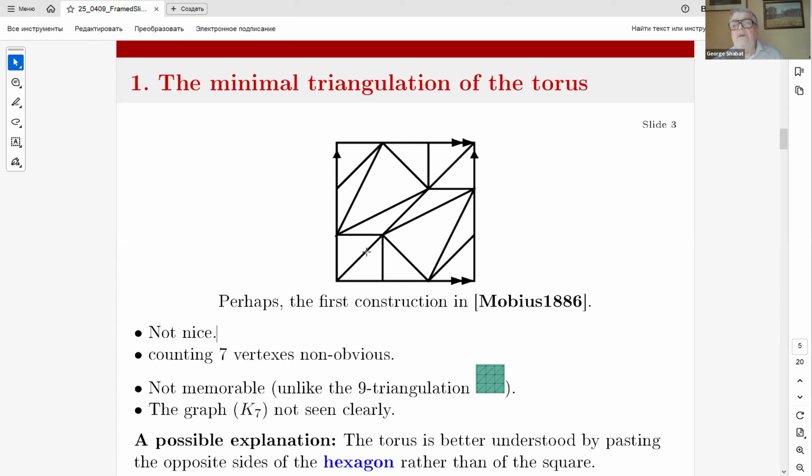It is not really easy to understand that it contains exactly 7 vertices. Non-memorable, the statement that it is memorable is again kind of subjective. I am unable to memorize this picture, unlike the other.